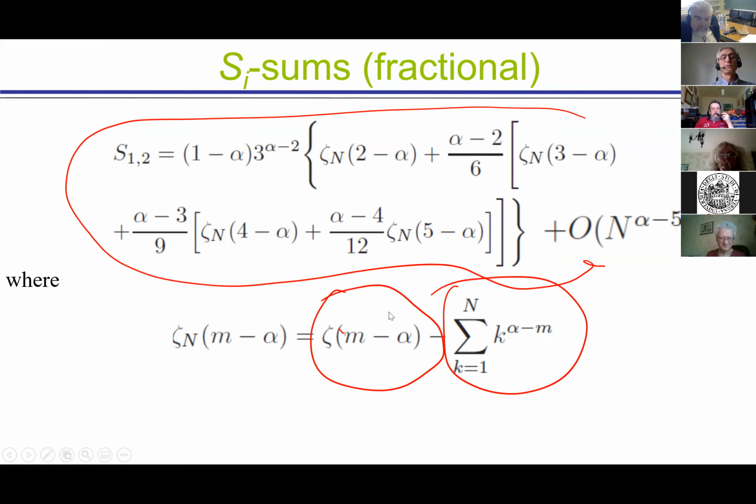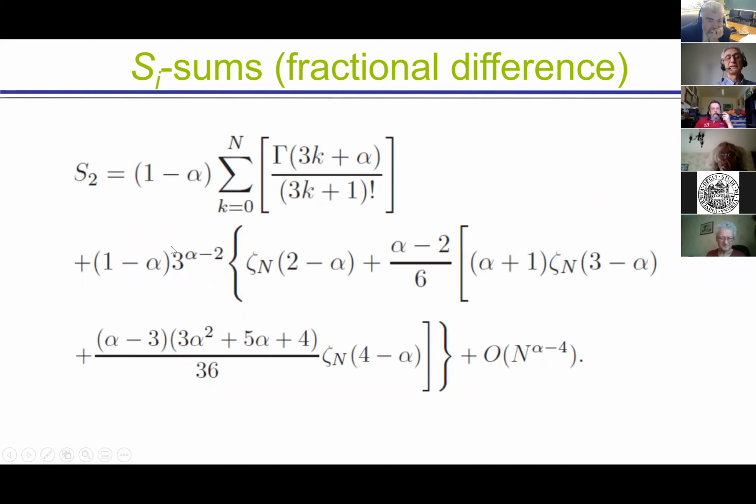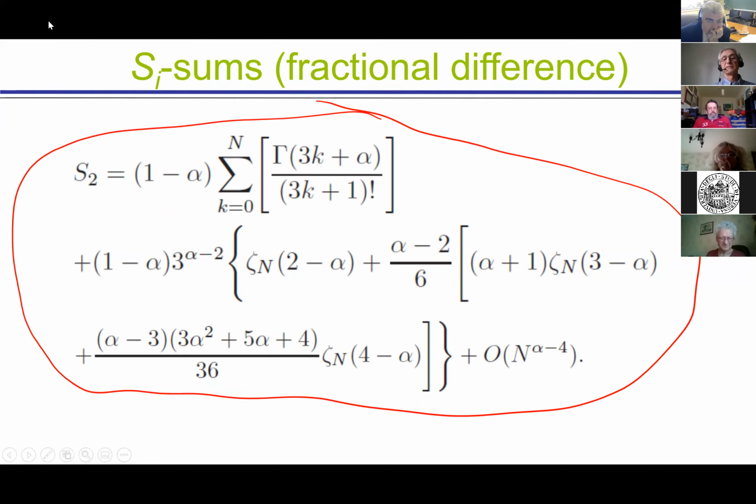This is for fractional maps, those formulas, and for fractional difference, again, there are some asymptotic formulas for calculation of those terms in the expression for those sums S, and finally, again, this is an example of S2 that can be calculated using the Riemann zeta function.